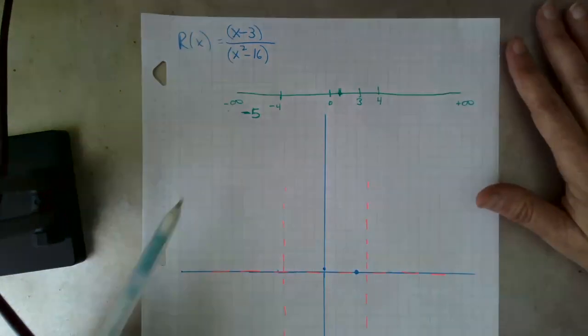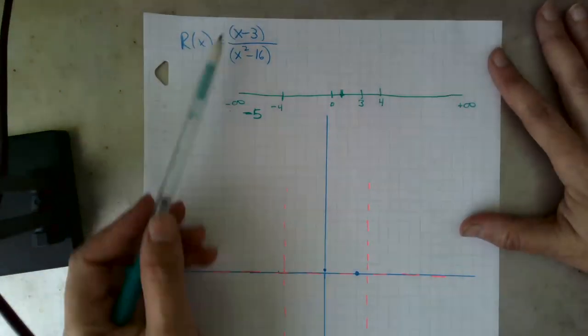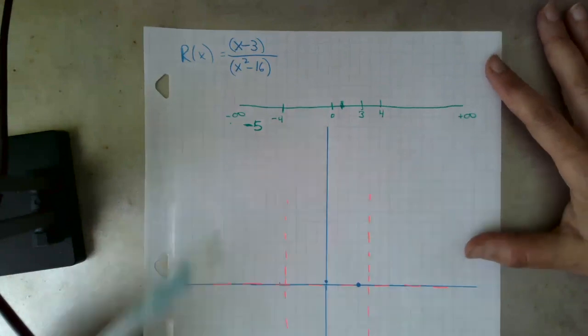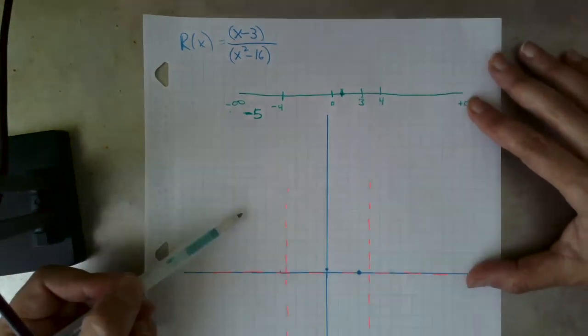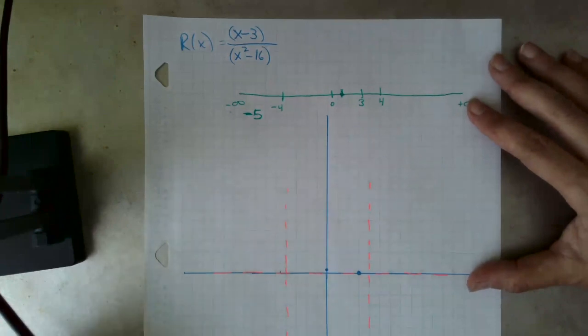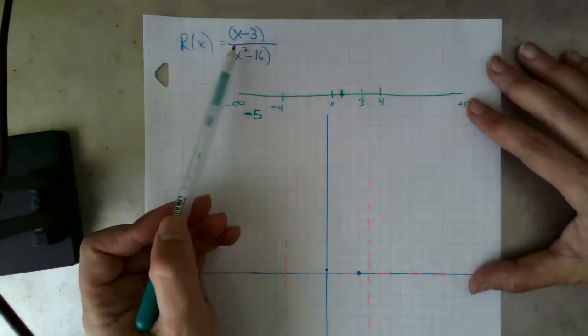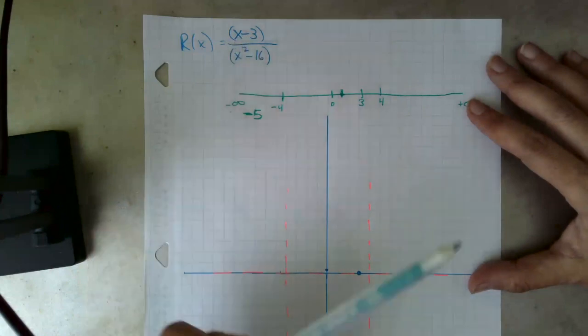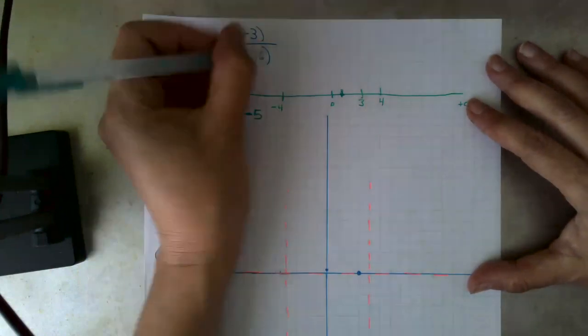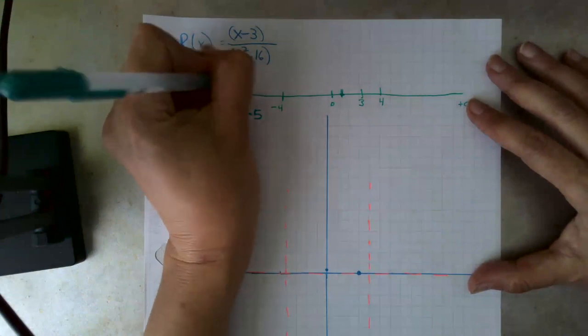And then I'm going to check what happens in my function. But I only need to care about positives and negatives. I need to know if it is above or below my axis. So when I put -5 into my numerator, -5 minus 3 makes my numerator negative.